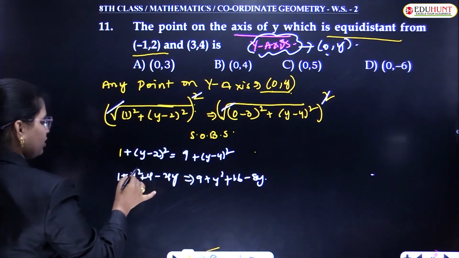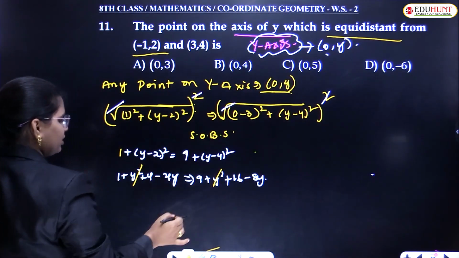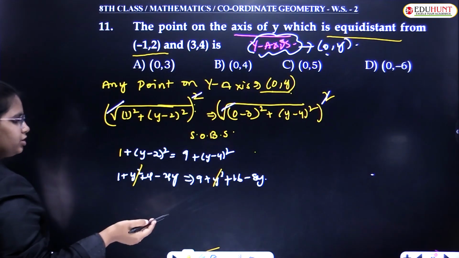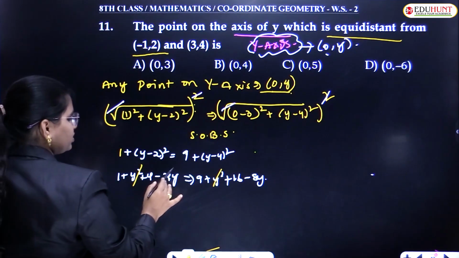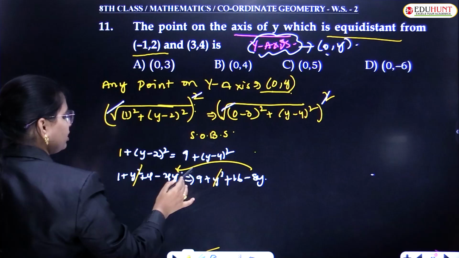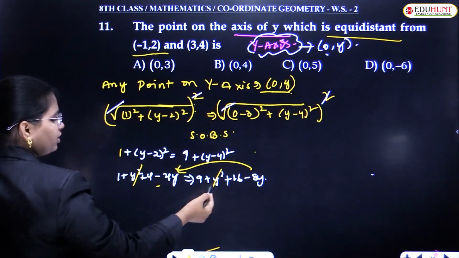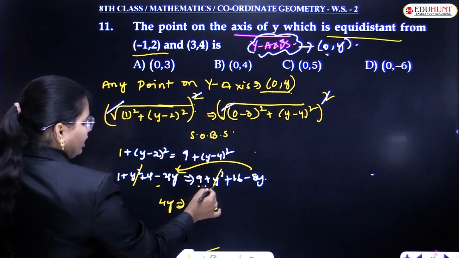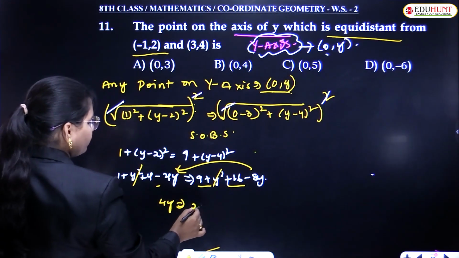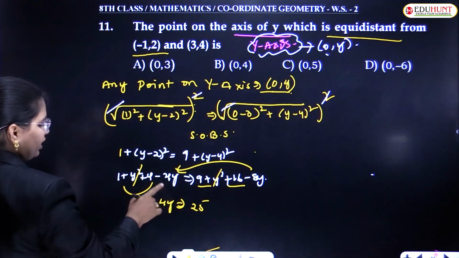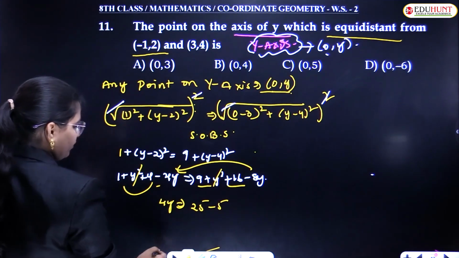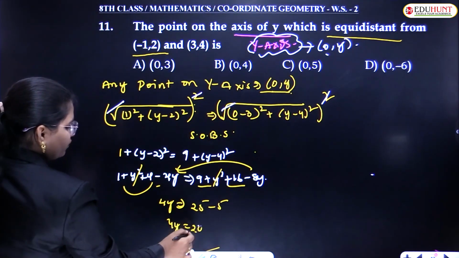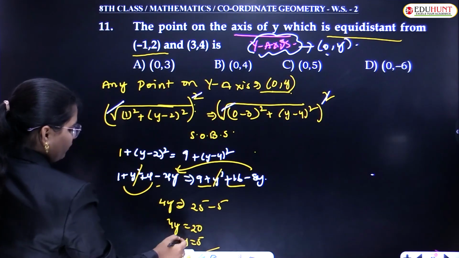Cancel the terms which are similar: y square cancels. Transfer all variables to one side and constants to the other side. Transfer minus 8y to that side, so it becomes minus 4y plus 8y, which is 4y. 9 plus 16 is 25, 1 plus 4 is 5. Transferring, it becomes 25 minus 5, so 4y is equal to 20.